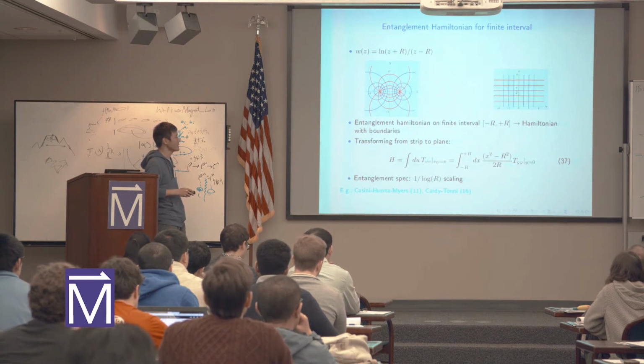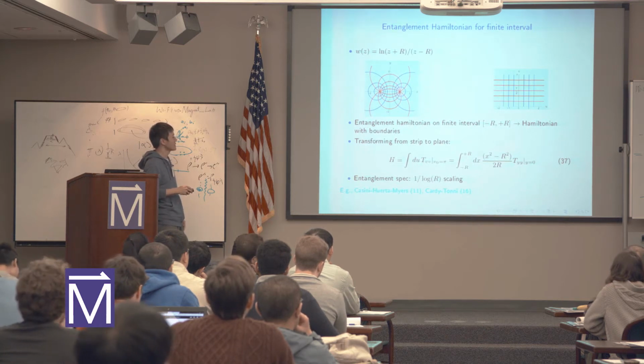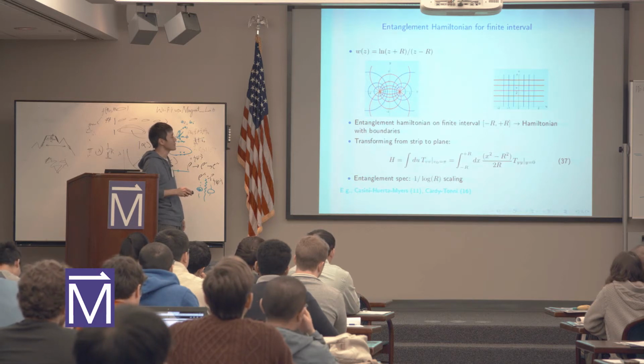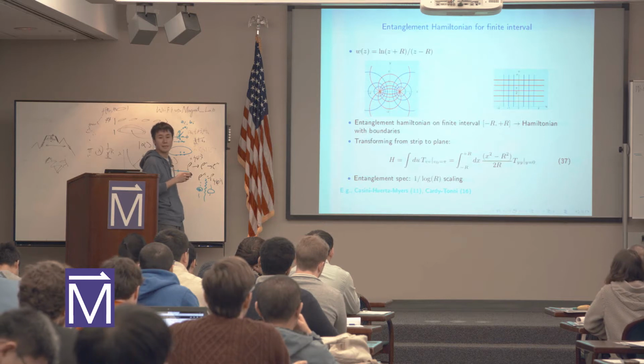T is the stress energy tensor, but it is basically just the Hamiltonian density. So this entanglement Hamiltonian is obtained from the original Hamiltonian density, which is denoted by T_yy, because I'm now thinking of y as the time direction.